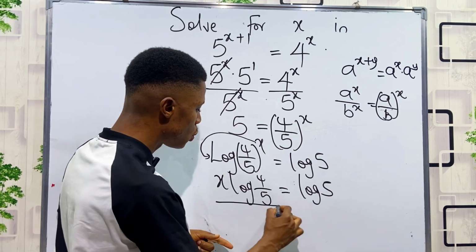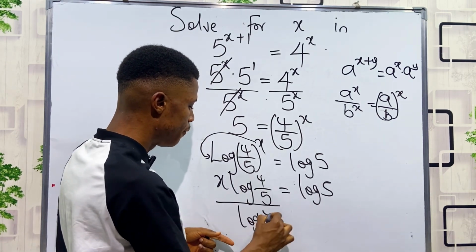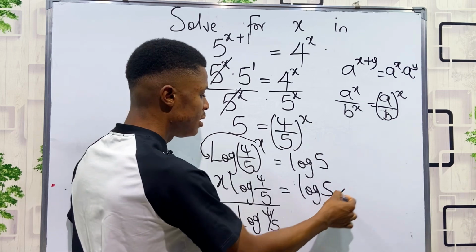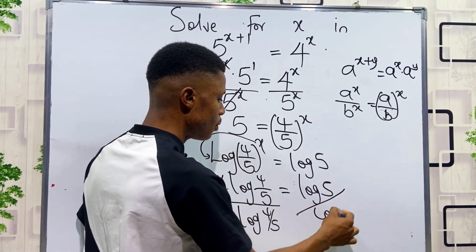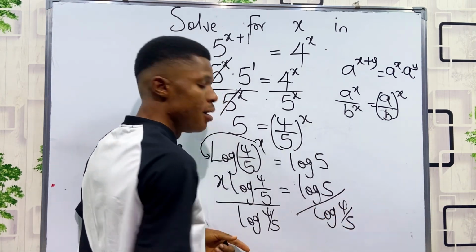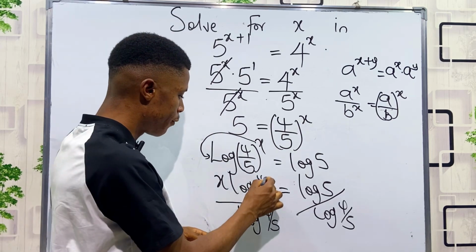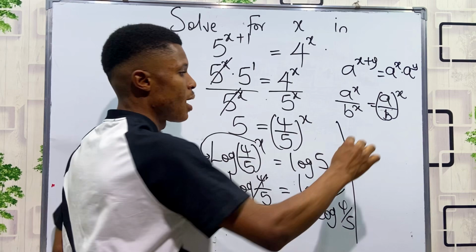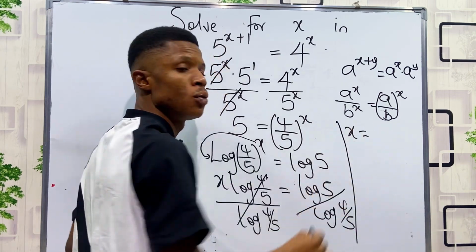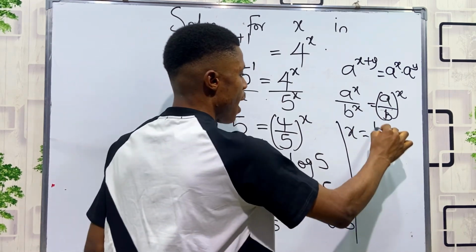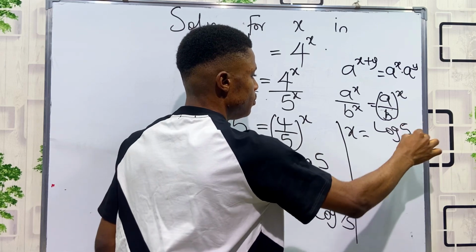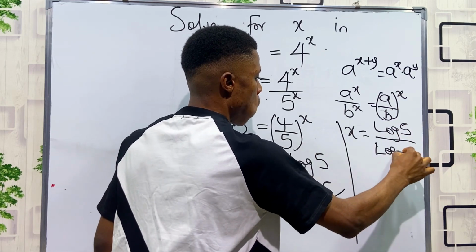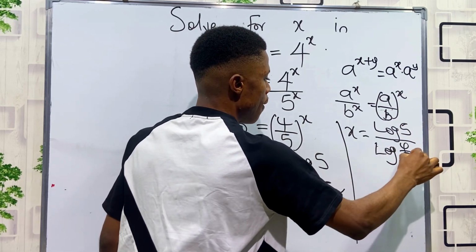Our goal is just to get x. So we divide through by log 4 over 5 and divide through by log 4 over 5. Then you see that log 4 over 5 will now cancel out. You can now see that our x is equal to log 5 divided by log 4 over 5.